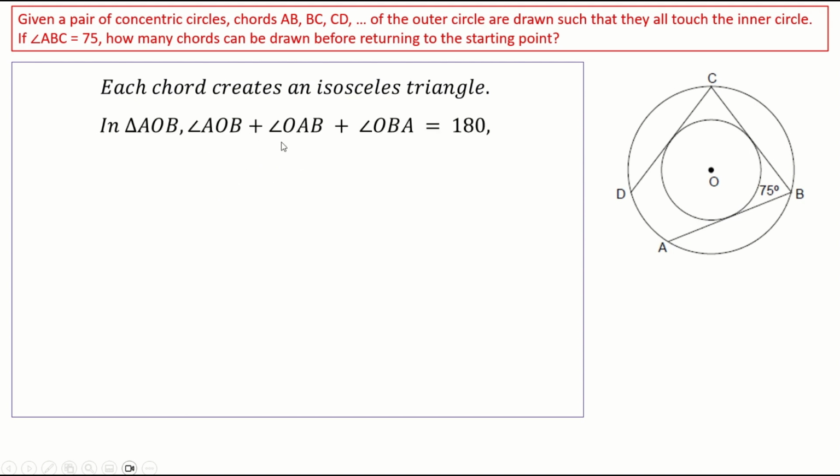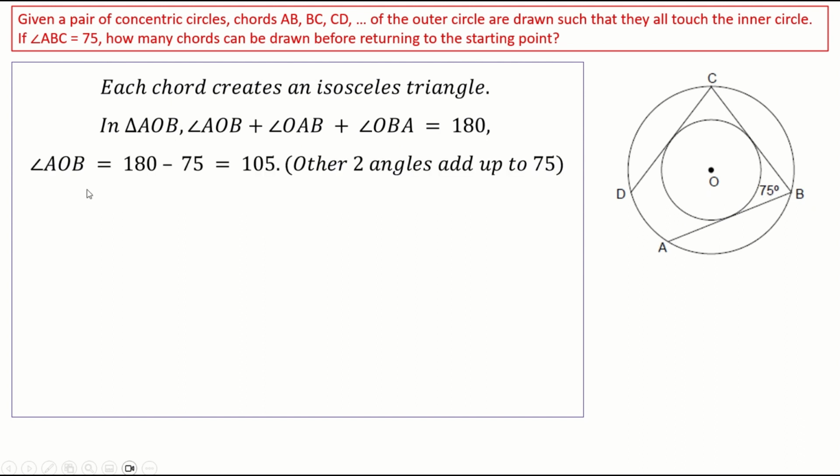Which means angle AOB plus angle OAB plus angle OBA equals 180 degrees. And since this is an isosceles triangle, this will be 37.5 and 37.5 here, which adds up to 75. And at the center, the angle is 105 degrees. So every chord is making 105 degrees at the center.